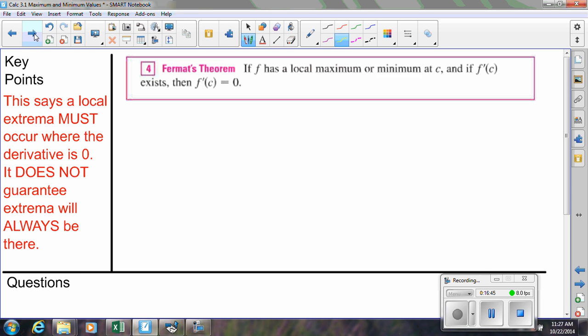Please, please, please note, this theorem says the derivative must be 0 to get a local extrema. That does not guarantee that there is an extrema there, a local maximum or a local minimum. It's a necessary condition, not a guaranteeing condition.